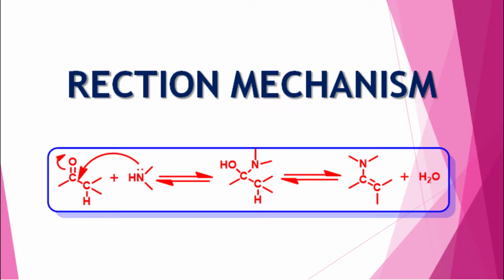As both steps are reversible, to drive the reaction to the right side and get the enamine, we have to continuously keep the water out of the reaction medium. This is an important aspect of enamine formation.